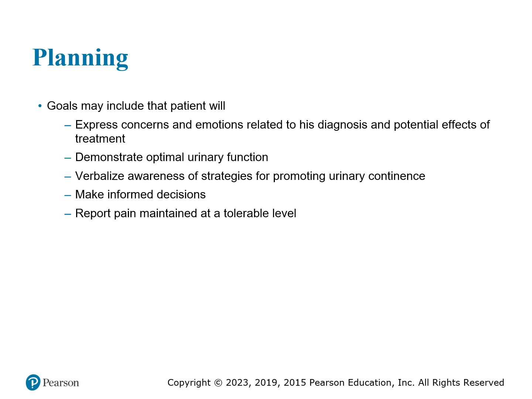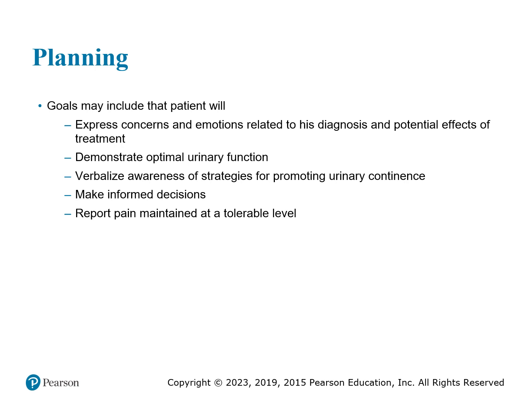The patient will demonstrate optimal urinary function, including urinary elimination of at least 0.5 milliliters per kilogram per hour, and the patient will verbalize awareness of strategies for promoting urinary continence.